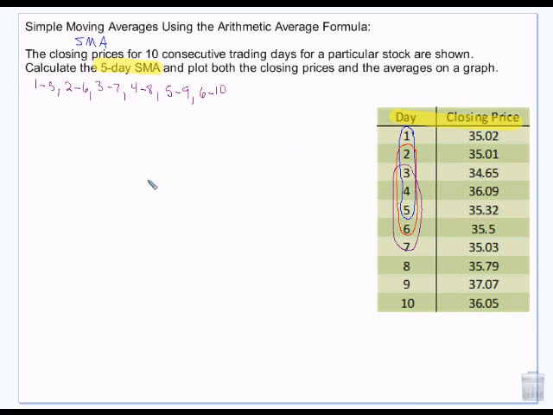I'm going to show you 2 ways to do these. The first way is the most straightforward. We add up the closing price of the first 5 days.